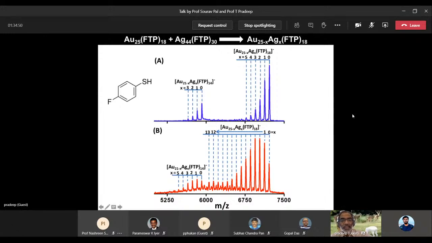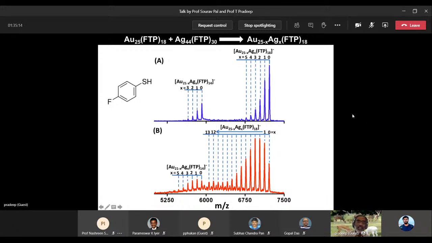I also have another peak, Au21 FTP14. This is because Au4 SR4 is lost from this peak, because of a photofragmentation process that happens upon laser desorption ionization in MALDI. This is not there in electrospray.